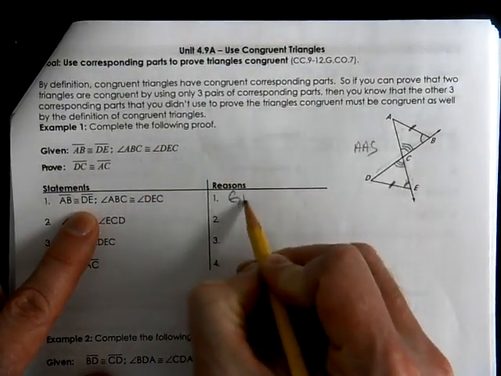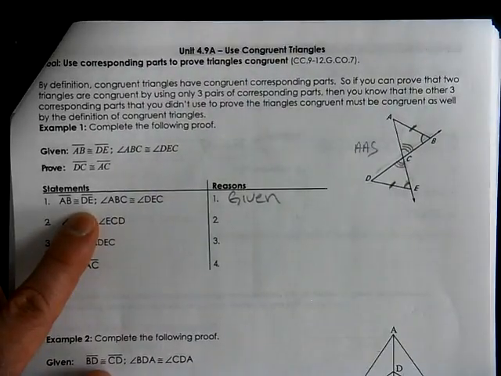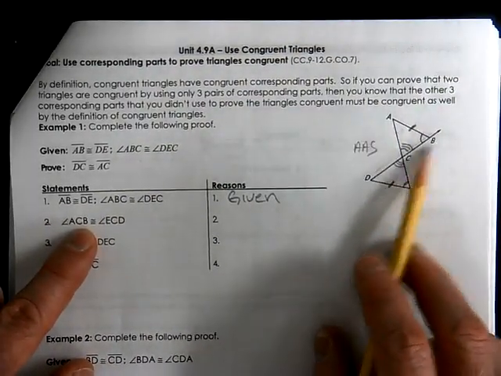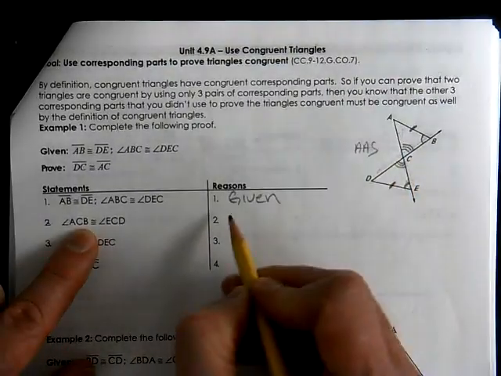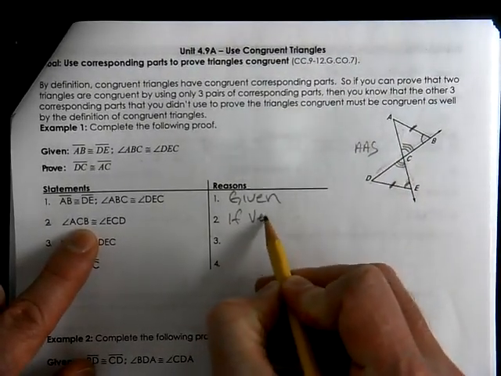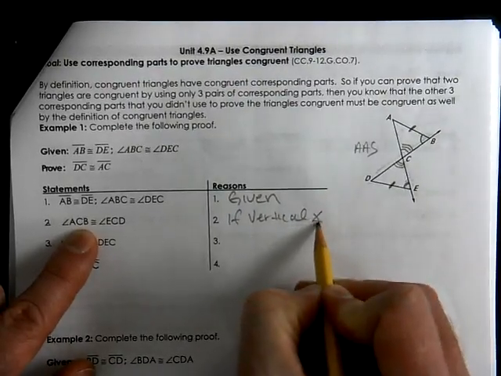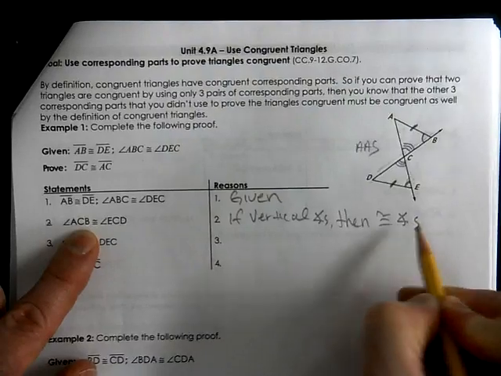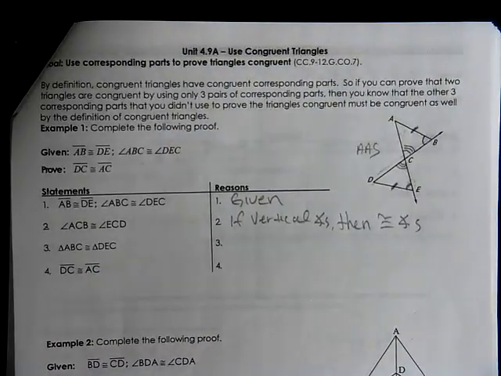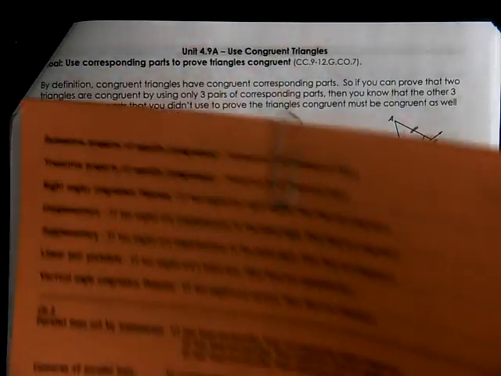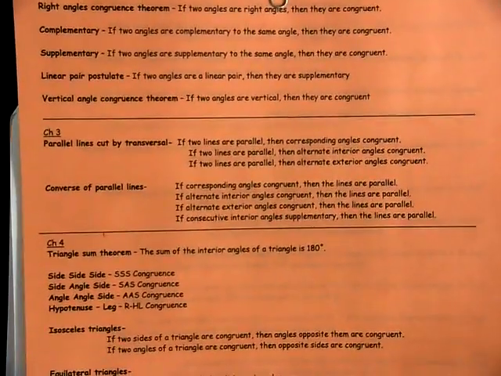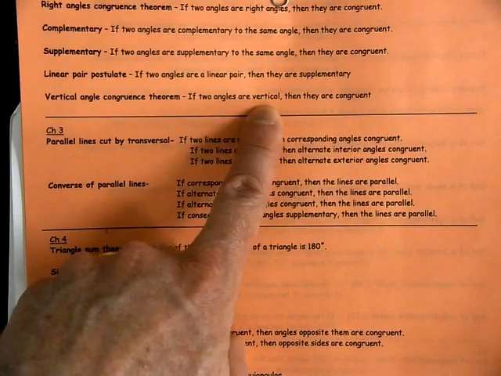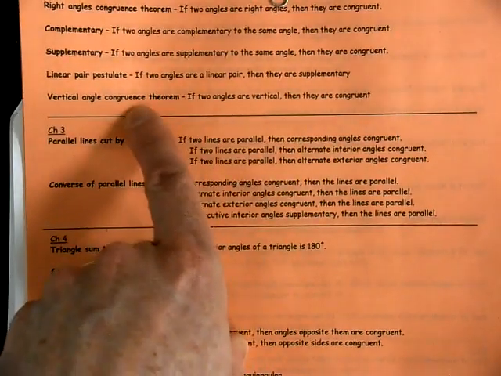We're starting out with our given. Then, as we planned out already, if vertical angles, then congruent angles. We know from our words for proofs, if two angles are vertical, then they are congruent.